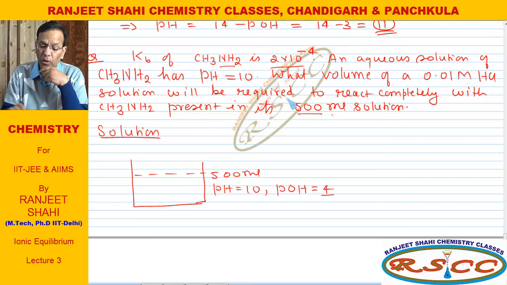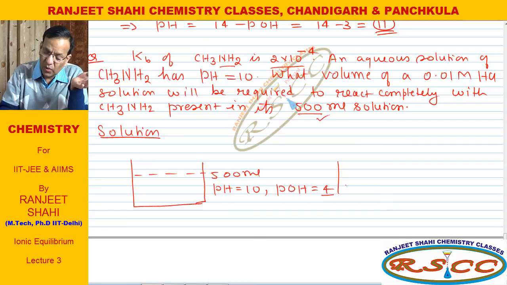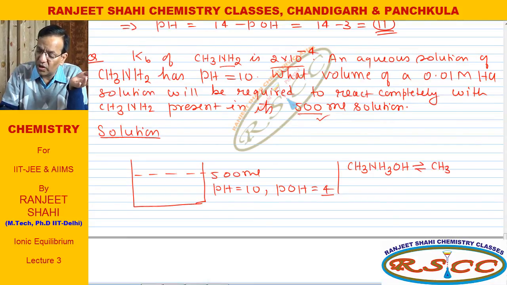For knowing the moles of weak base in this solution, we will have to find out the initial concentration of weak base, that is C. So weak base methenamine ionization can be expressed as CH3NH3OH ionizing to give CH3NH3 plus and OH minus.